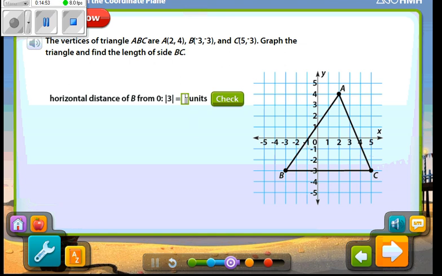If you look at the graph and you look at the line, you will see that it is 3 away. Good job. The horizontal distance of B from 0 is 3 units.